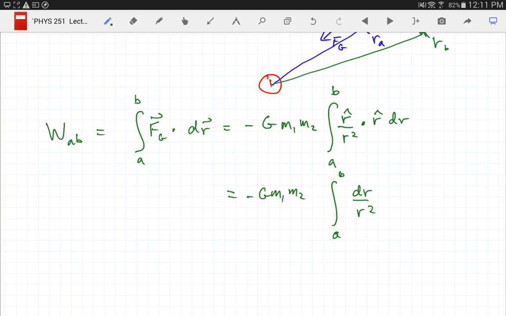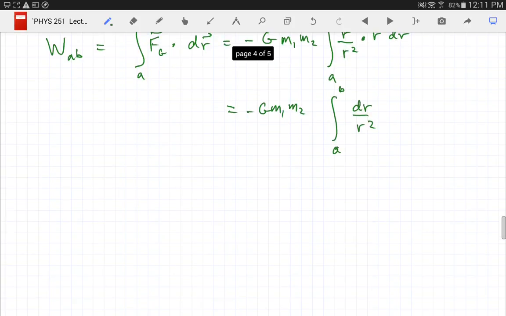It's not a hard integral, but it's the hardest one of the day. Integral of dr over r squared: you have r to the minus 2, you raise the power by 1, so it becomes r to the minus 1, 1 over r. And then we have to divide by our new exponent, we have to divide by minus 1.